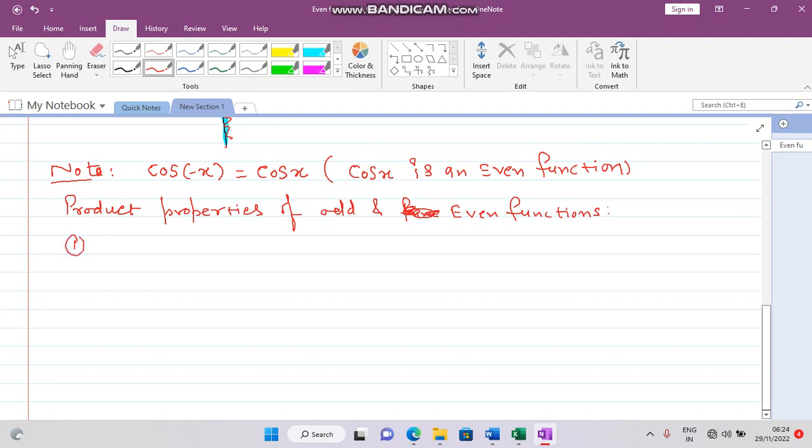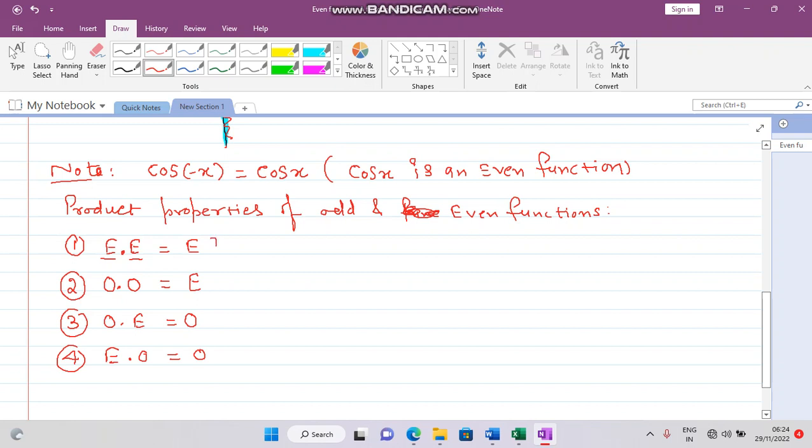First property is this, that whenever we multiply two even functions, the answer is again even. Product of two even functions is an even function. Number two, product of two odd functions is again an even function. Now product of an odd and an even function is an odd function, and product of an even and an odd function is also an odd function.